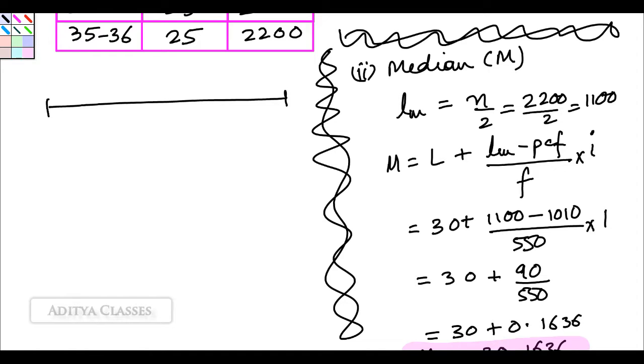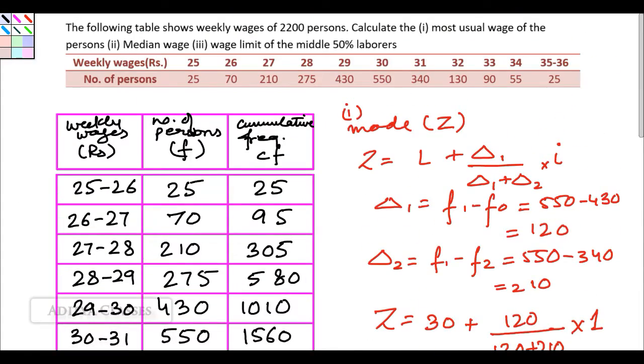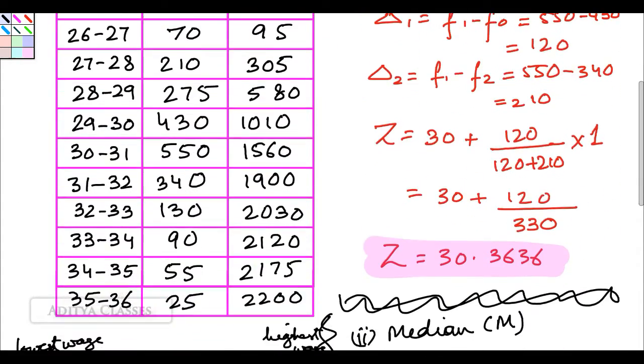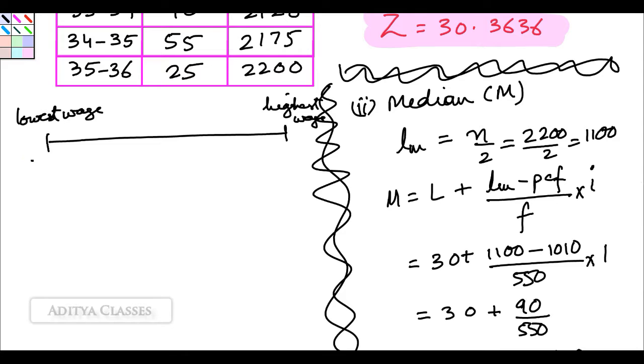Let us say it is lowest wage to highest wage. So in our question, lowest wage is 25 to 36. Our data is sorted in this way, from lowest wage to highest wage.